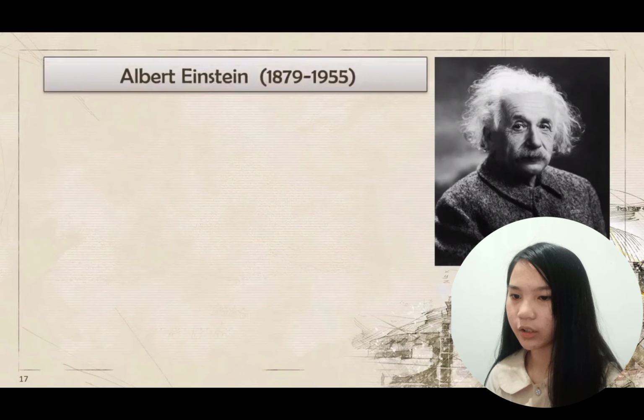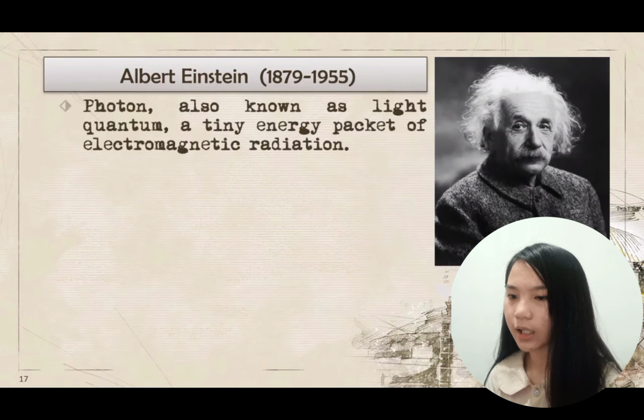This scientist, I know by just looking at this picture, you already know this guy. He is none other than Albert Einstein, and he is one of the most famous scientists that has lived on Earth. He coined the word photons, also known as quanta. A photon is a tiny energy packet of electromagnetic radiation, so that we have light.